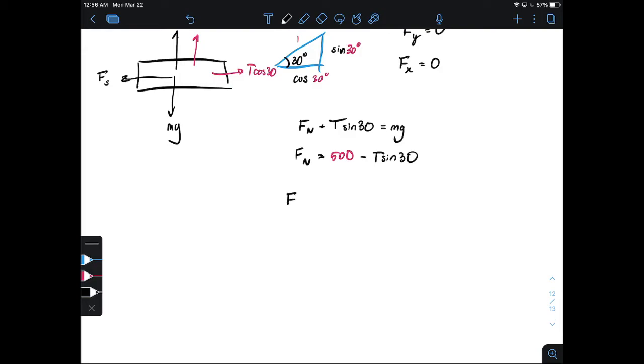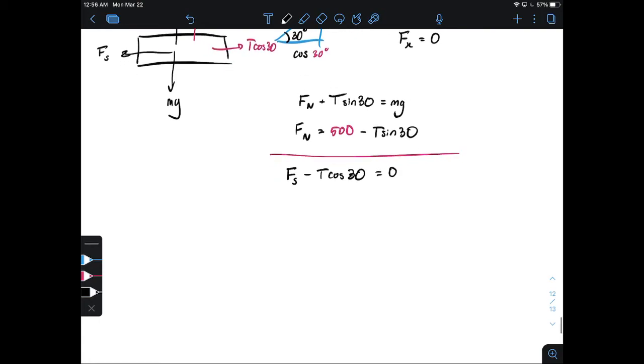In other words, F sub s is equal to T cosine 30. You can also write Fs minus T cosine 30 is equal to 0.